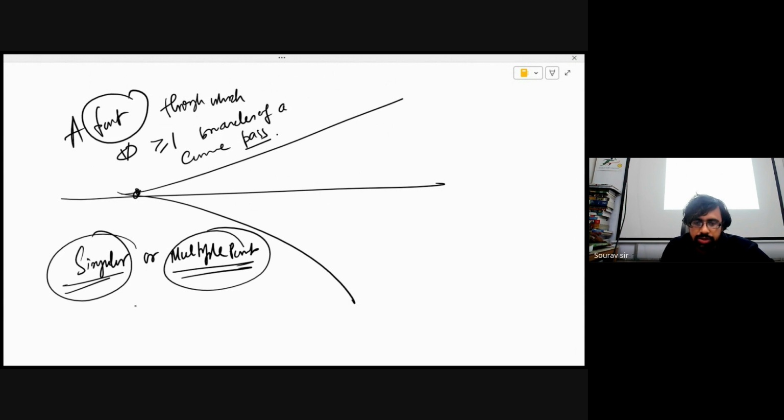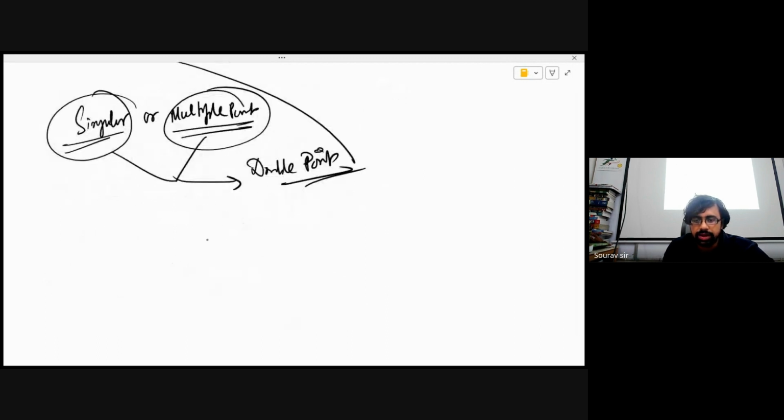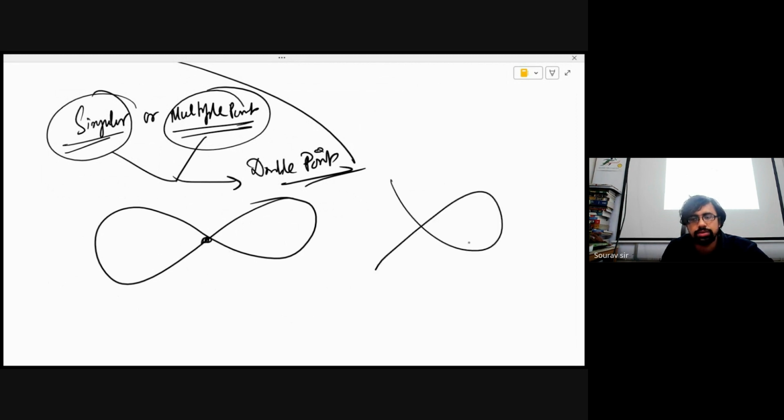And these two types of things can also be considered as a double point, especially in cases where two sections are there. But all these types of points are a double point. We can take another example, this is the thing, or this, or this.